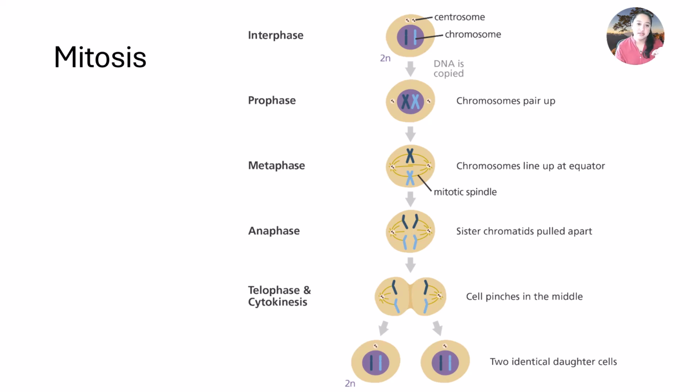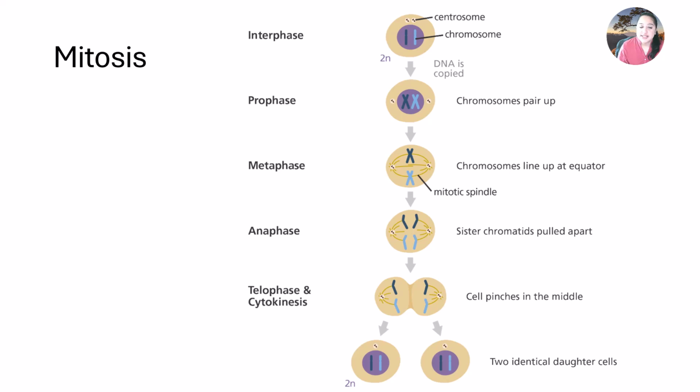So here they look like X's, like two eyes joined together at one point. This is one of those chromosomes, this is the other of that chromosome because the DNA got copied. And then here the same for the blue one.